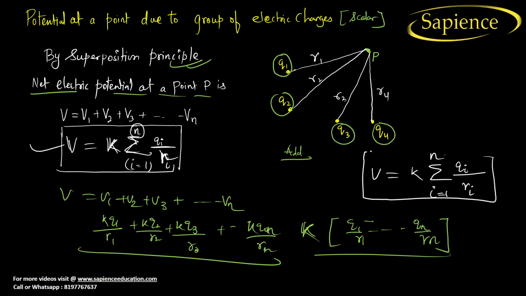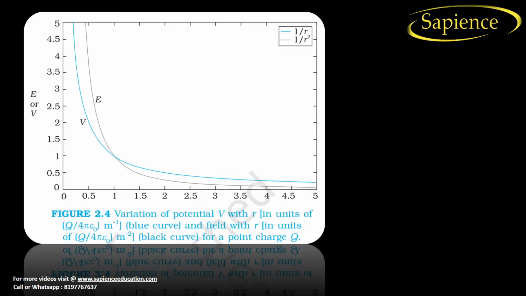So this is the formula for the potential at a point P due to multiple charges. You have to take different distances for different charges because they are situated at different places. Now let us go for the next one.